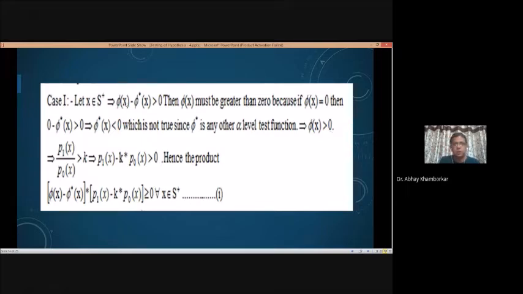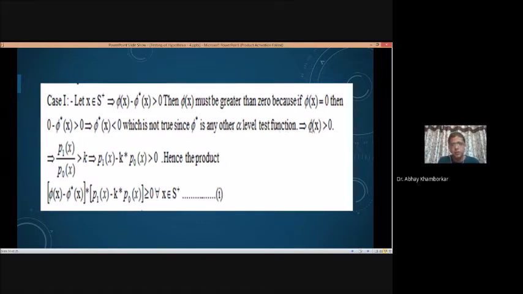फिर से देख लो, phi of x minus phi star of x is greater than 0, then phi of x must be strictly greater than 0, because if phi of x is equal to 0, then 0 minus phi star of x, इसके जगह मैंने 0 लिख दिया है, greater than 0 implies that phi star of x less than 0, which is not true since phi star is any other alpha level test function.